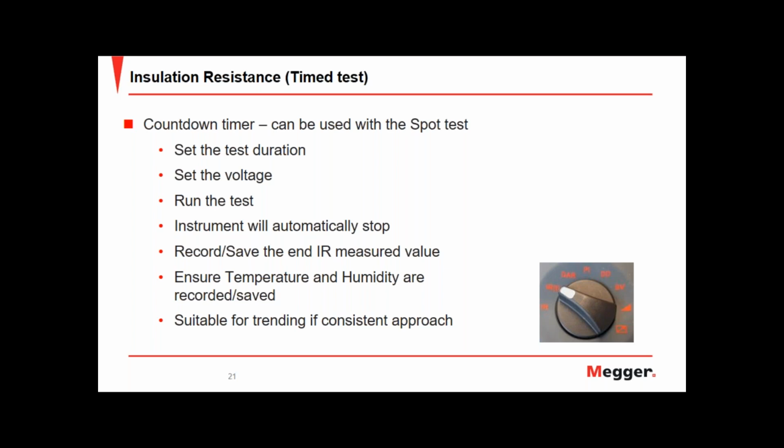So rather than doing one test at, say, 1 minute and another test at 2 minutes and having a variation as a result of humidity or temperature variation during that time, you're actually normalizing the values and you're able to trend more consistently.